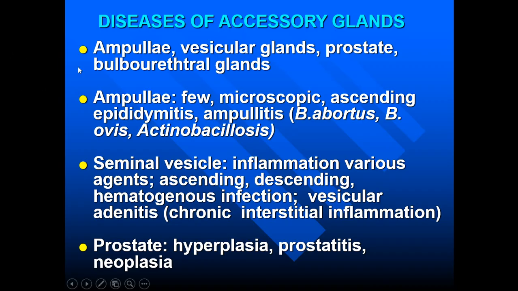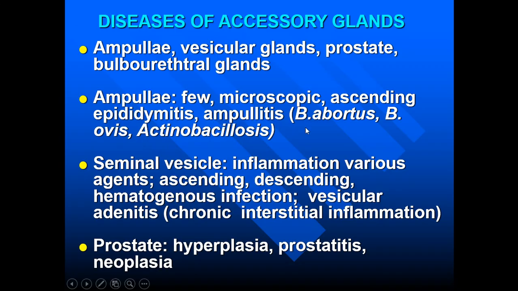In the ampulla, the most common finding is inflammation, due to infections. For example, infection caused by Brucella abortus in cattle, Brucella ovis in sheep, and also actinobacillosis. This is a bacterium that usually causes granuloma.